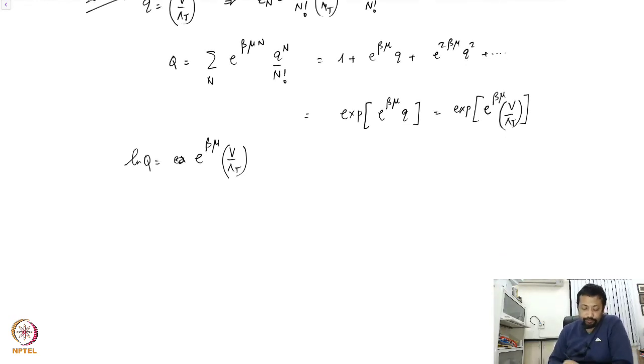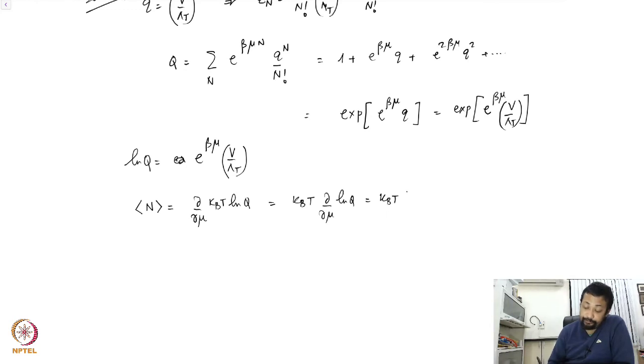Then we will just work out one simple thing, which is that the average of n was del mu of kBT ln Q. So this is kBT times del mu of ln Q, which takes it to beta e to the power beta mu V over lambda t, so that this is just e to the power beta mu V over lambda t.